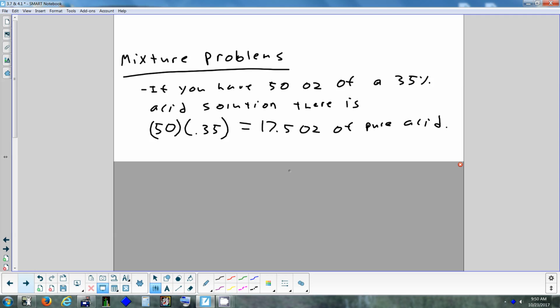First, I want you to understand that if you have a solution that they tell you is 50 ounces and 35% of that is acid, then if you multiply how much solution you have times 0.35, that tells you how much acid is in the solution. Maybe the rest of it is just water. That you need to know how to do.